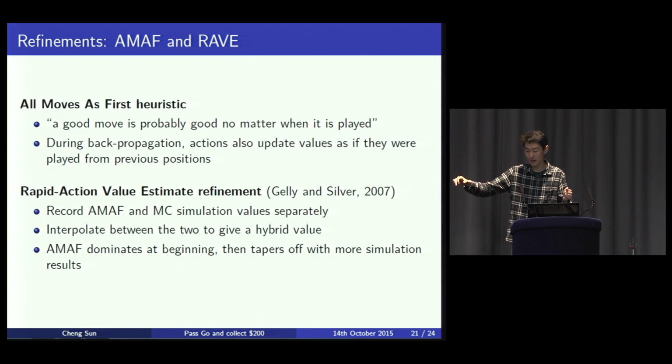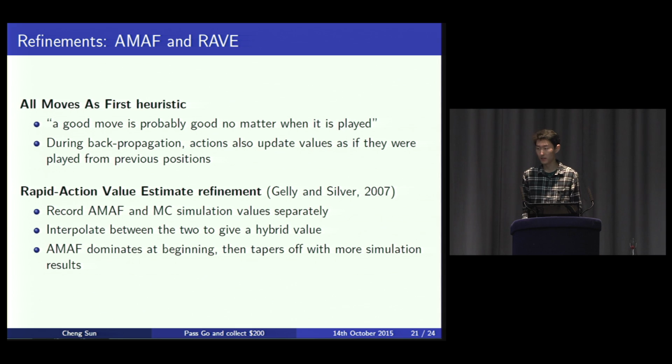So we take every single action in the future and play them as if they were played from the current position, and then we update the statistics for them for a win, and vice versa for a draw. Which means that for every one playout that happens, we might, say, update 10 actions statistics for every node. So this gives us a very, very quick estimate of the value of each position, of each action.